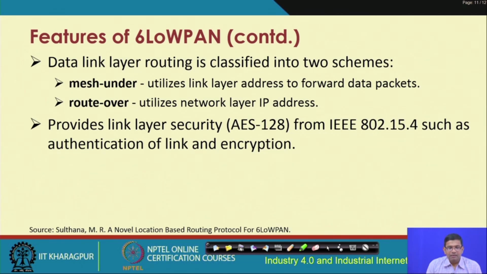In the data link layer, routing is classified into two schemes. One is mesh under, which utilizes the link layer addresses to forward data packets, and the other one is route over.